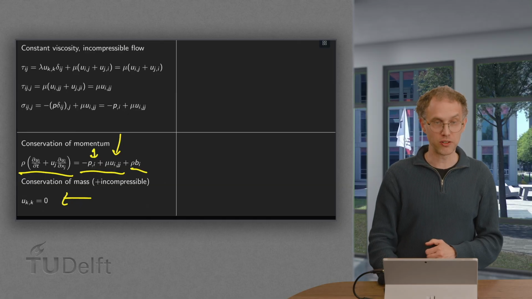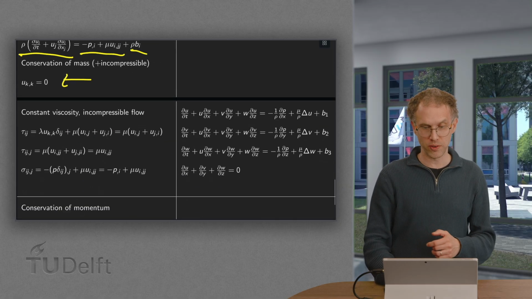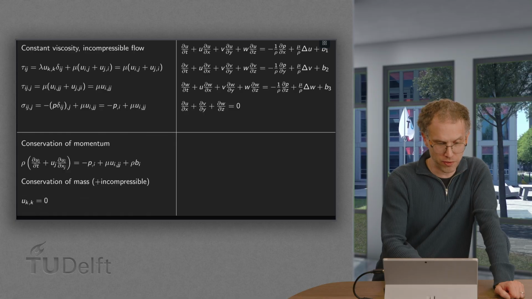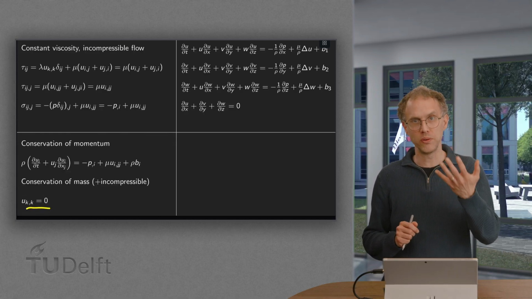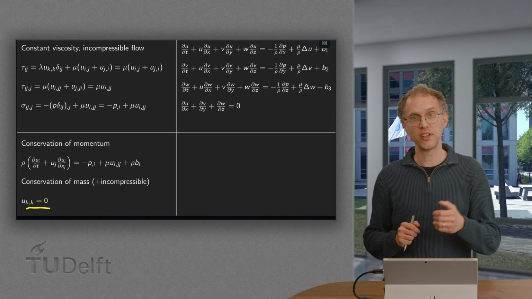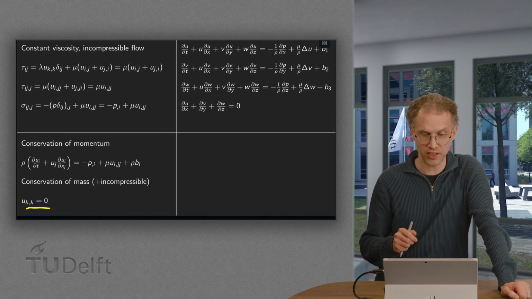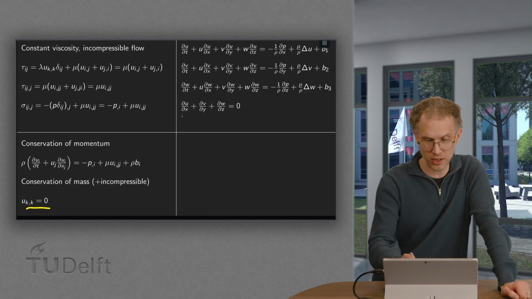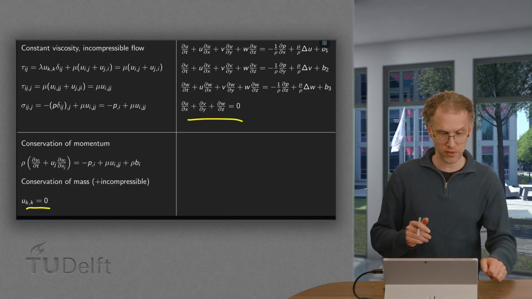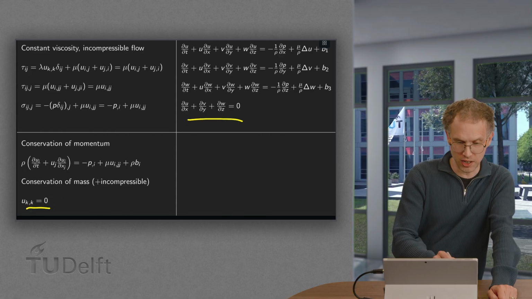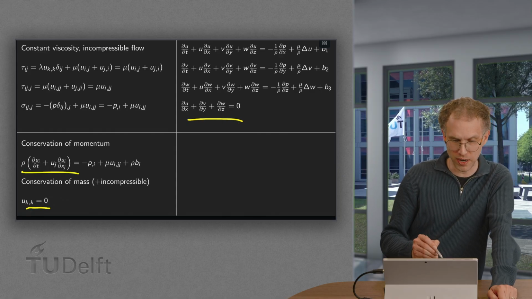Now let's write this down in component form. So what do we have then? In component form, this one is easy. So u1 equals u, u2 equals v, u3 equals w, x1 equals x, x2 equals y, and x3 equals z. You just get ux plus vy plus wz equals 0. So that's this one. Then let's take a look at the first term, for example, and divide by rho.